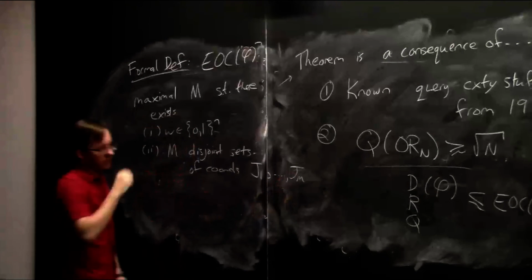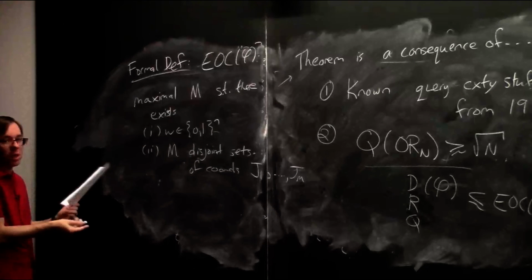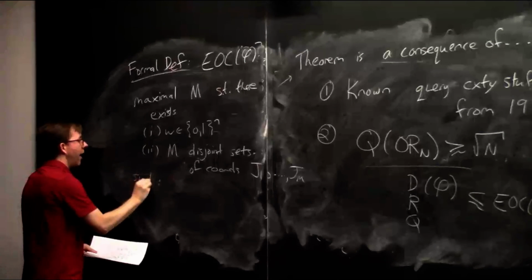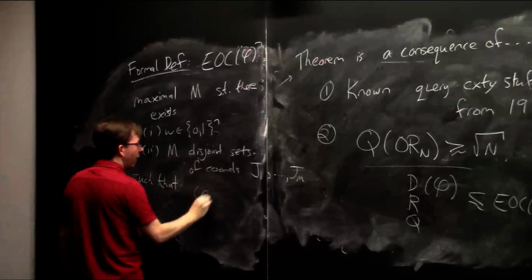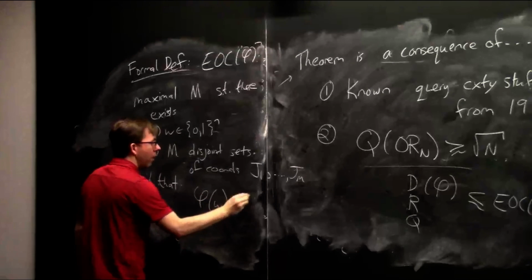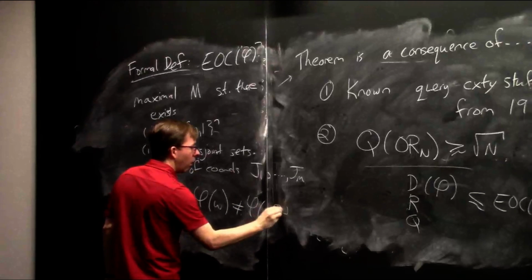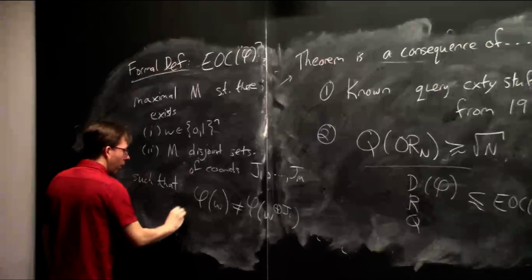In the case of the OR function, these will be all the coordinates taken as singletons. But in general, they can be blocks, hence the name block sensitivity, such that phi of w is different from phi of w where you negate all the entries on block ji, for all i.